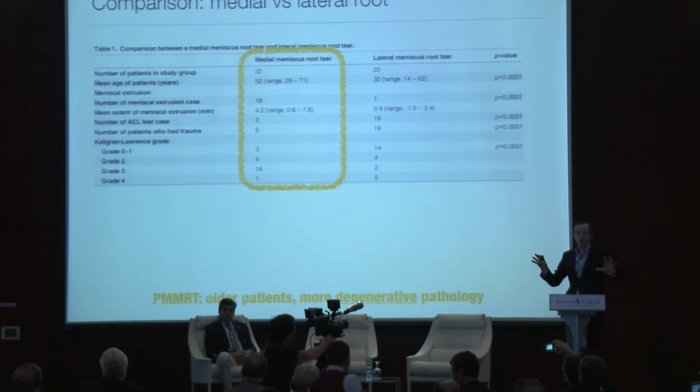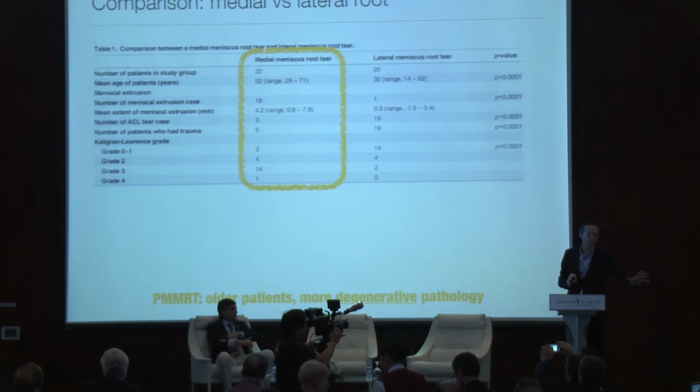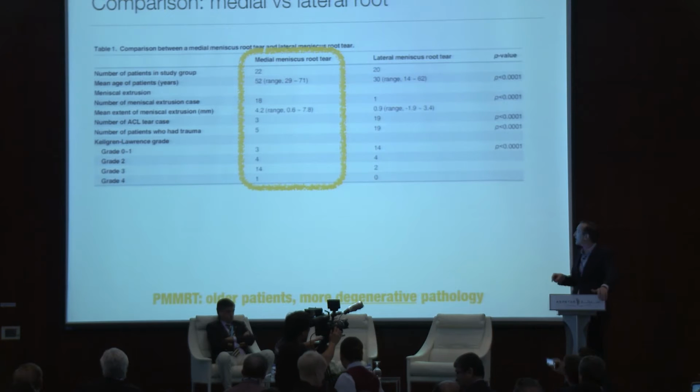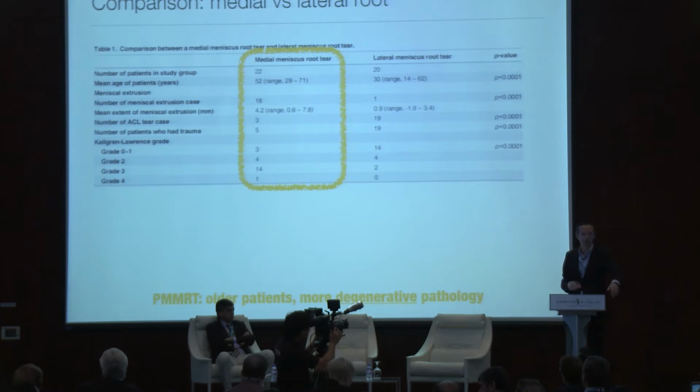And if you look at both these populations, medial roots and lateral roots, and this is very nice recent data, it's not very clear yet, but you will see that the average age of your medial meniscus root patient is not your typical soccer player. Most of these patients will be around 52, ranging from 29 to 71.